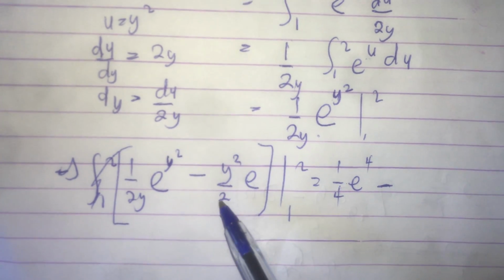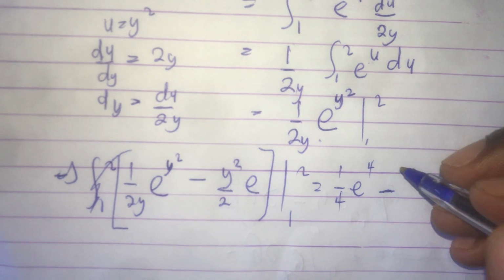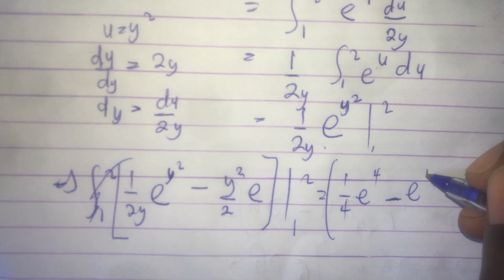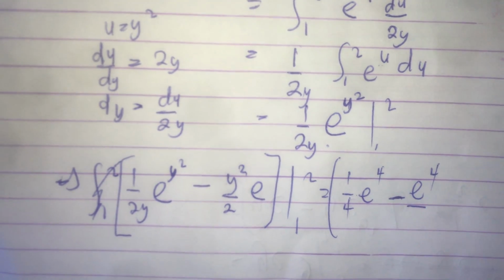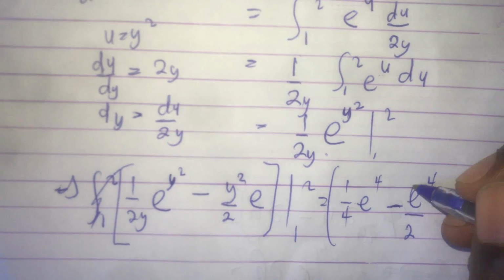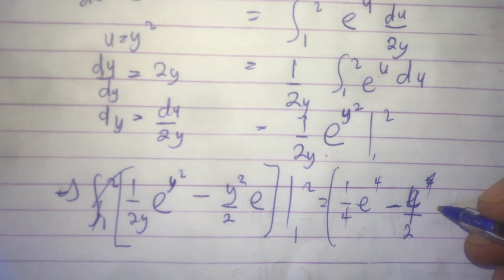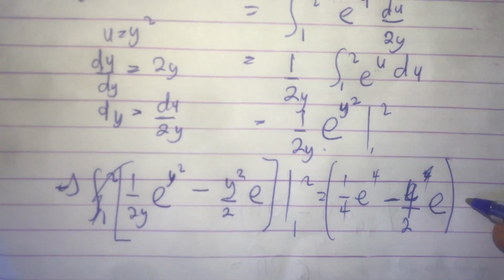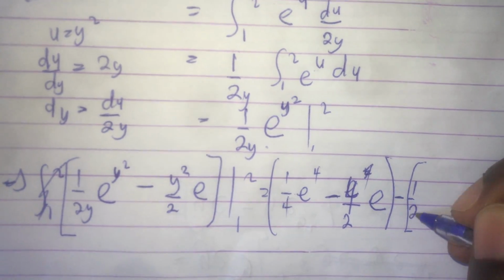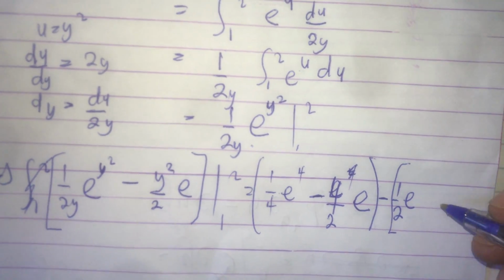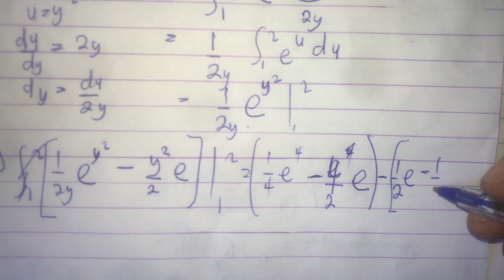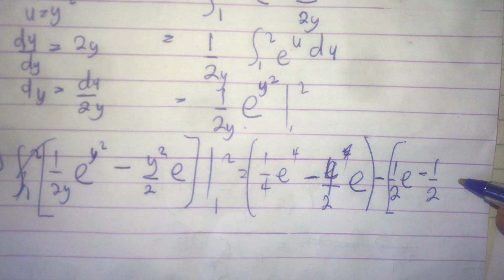Minus, and then 1 over 2e minus 1 over 2e.